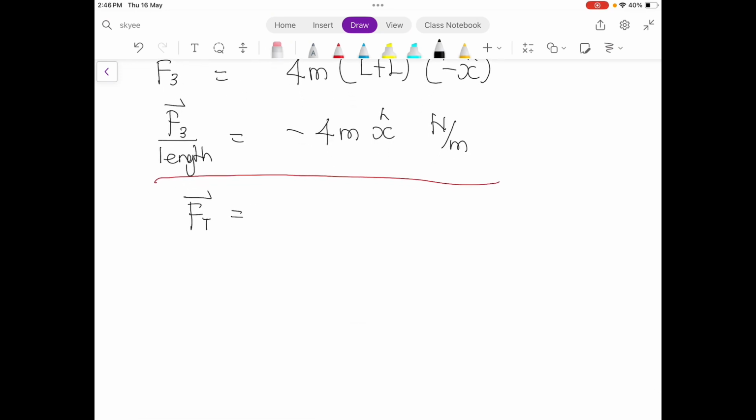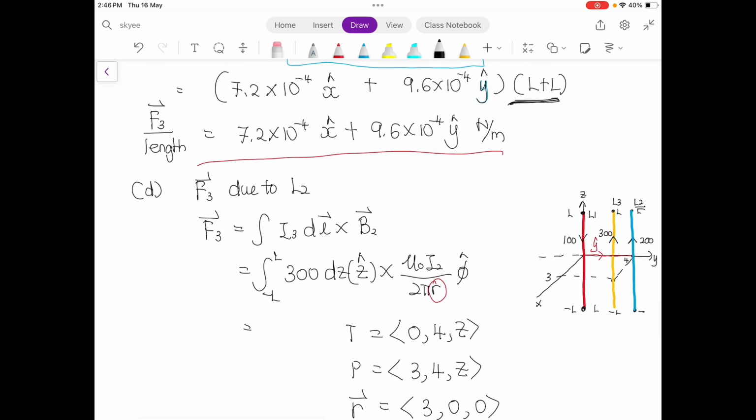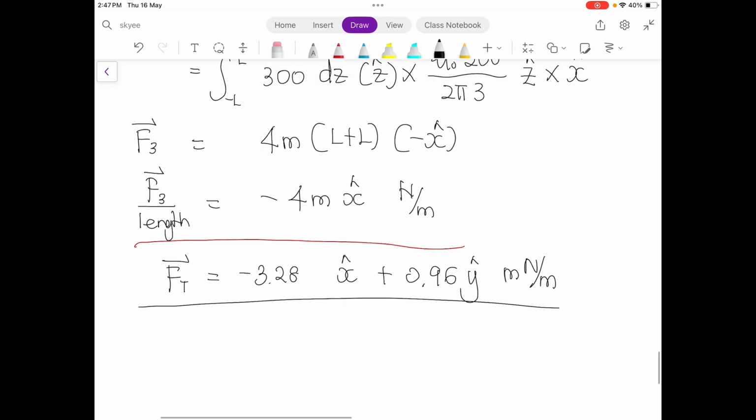So you will get your answer equals to negative 3.28 milli x plus 9.6 y. If you want to combine it to be milli, 9.6 will be 0.96 y milli Newton per meter. So this is the answer.